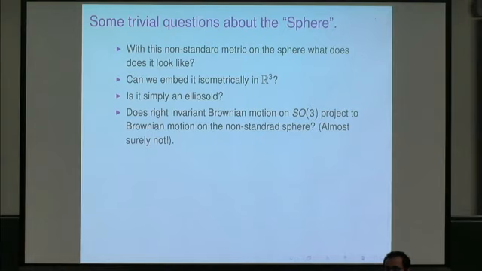Right, I haven't done that. Maybe I can, but it's not obvious to anybody either that this is just an ellipsoid. Okay, good. And I've not been able to find any analysis of this kind of geometric picture of the simple SO3 on the sphere metric.